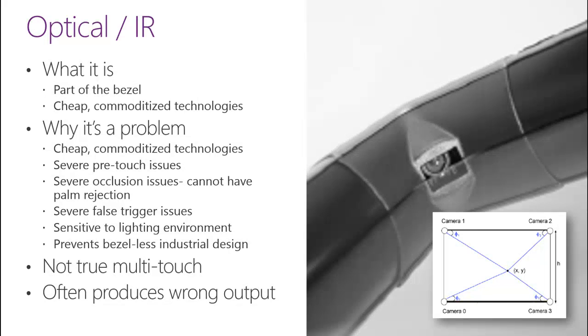I talked about the false trigger issues, especially infrared is very sensitive to lighting. So this can be placed in any location. But some of those systems, we were actually talking to a manufacturer who was using infrared in a store environment, in a retail environment, and the lighting in the store had to be redone to accommodate the touch screen.